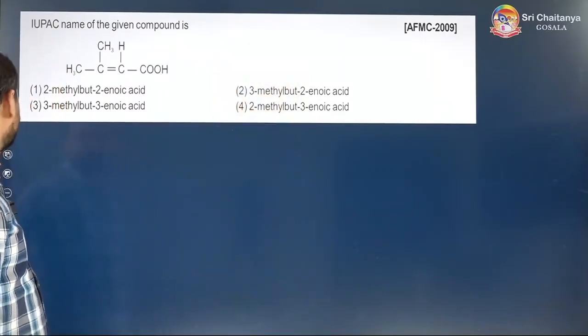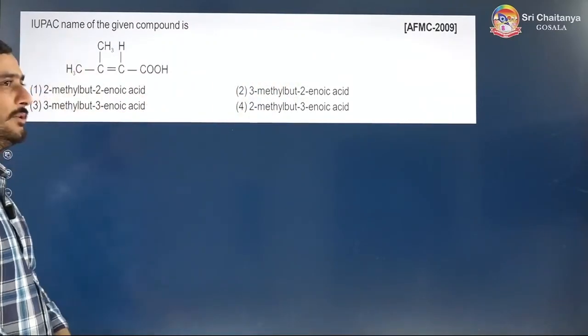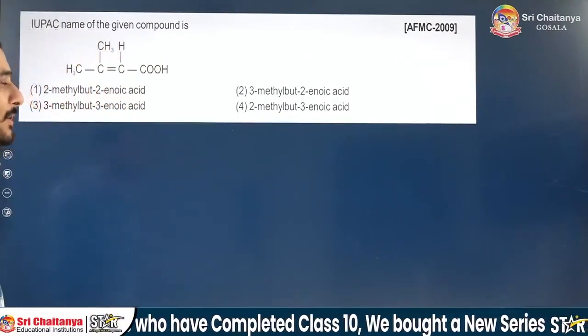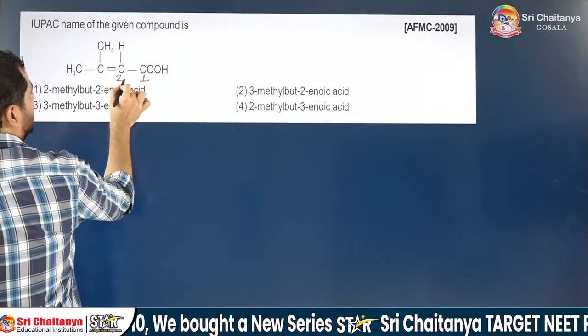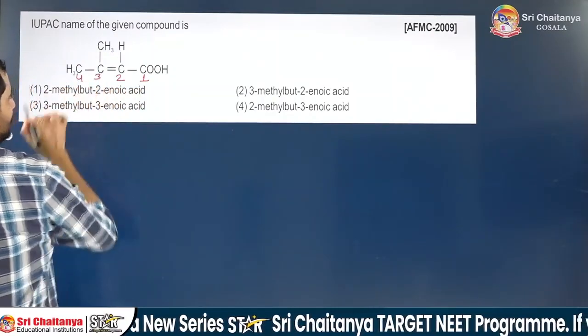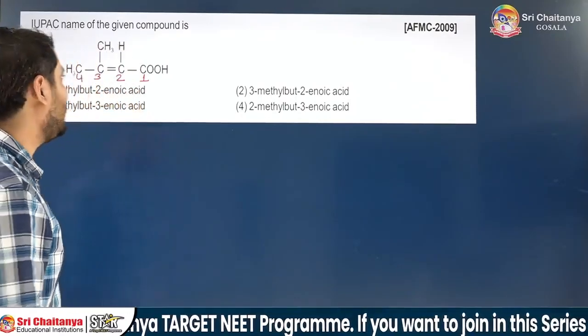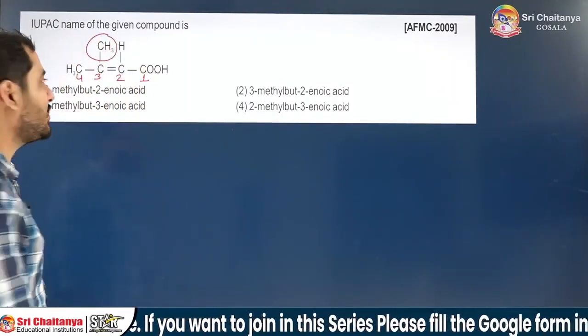Next, first tell me which functional group is present and then tell which is the answer from these. First you tell which is the functional group, like carboxylic acid. Very good. Now if we write the numbering, COOH will get number 1, then 2, 3 and 4. Now which substituent is present here? At which position? At the 3rd position, methyl is given.